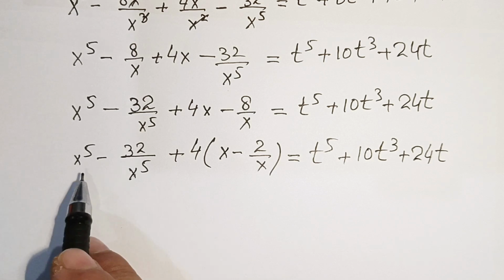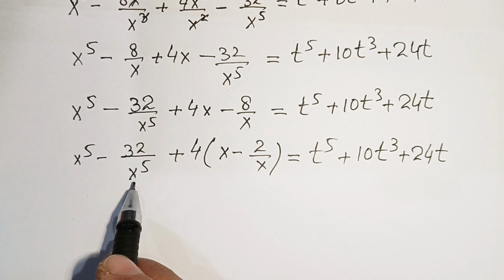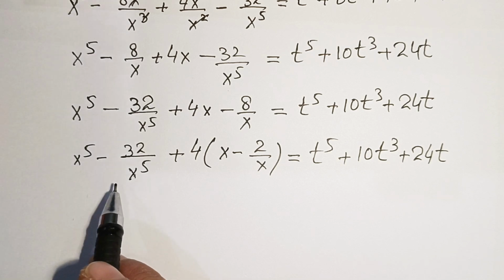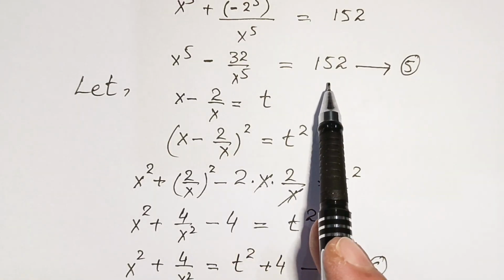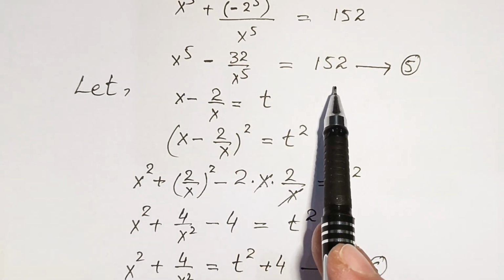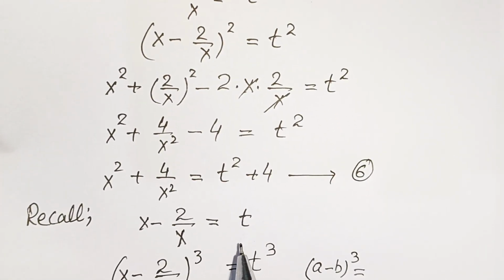Now here x to the power 5 minus 32 divided by x to the power 5 is our equation number 5, and that is equal to 152. Next, x minus 2 over x is equal to t.